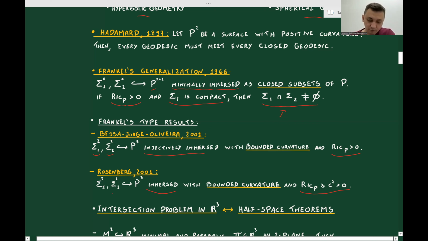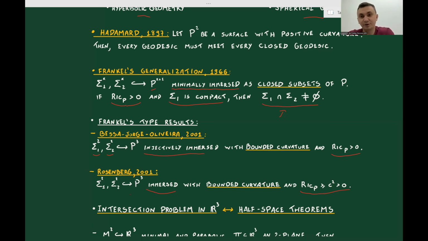condition on the manifolds, which are minimally immersed, of course, here I don't write, but I'm talking about the minimal surface in this case. And we also have the Frankel property.